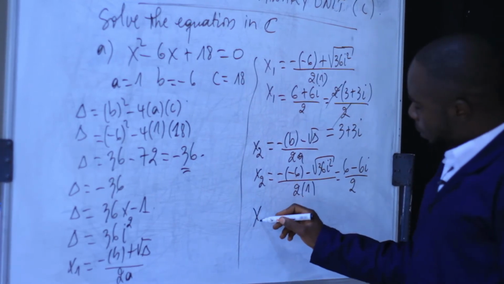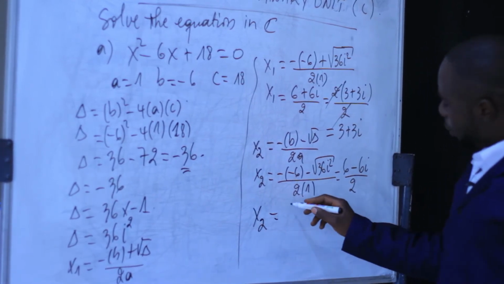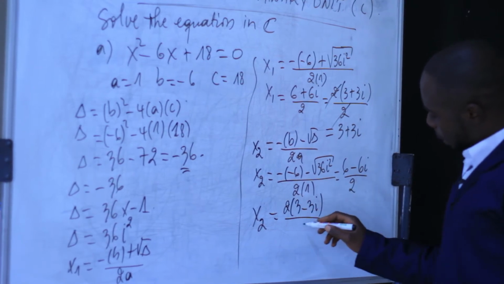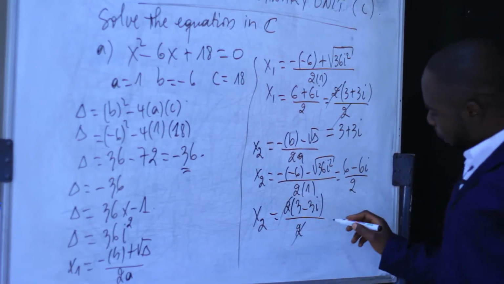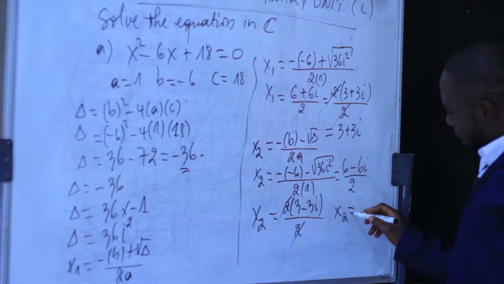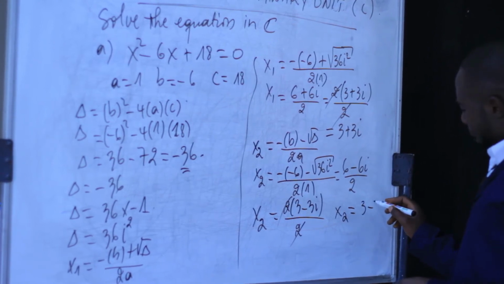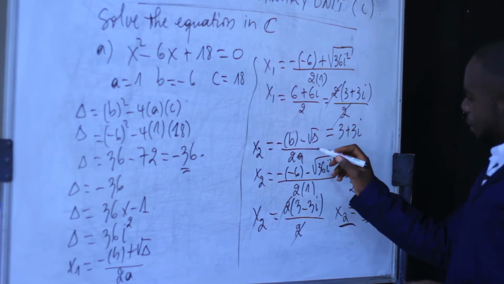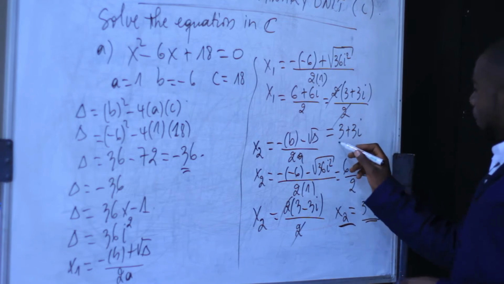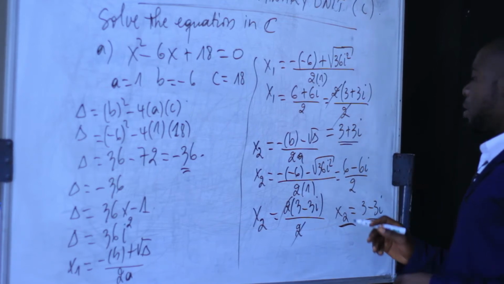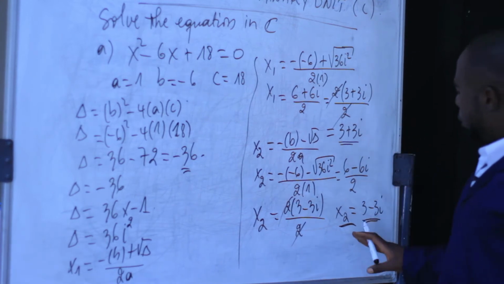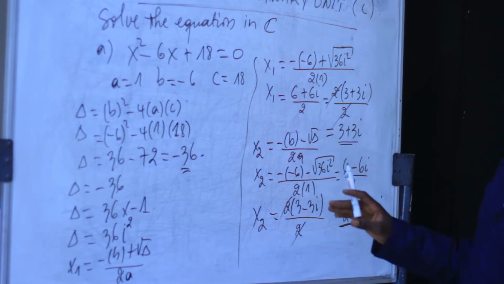Then x2 will be equal to 3 minus 3i over 2. When I simplify, I get x2 is 3 minus 3i. This x2 and x1 are called complex roots. These complex roots are the roots of a complex equation.